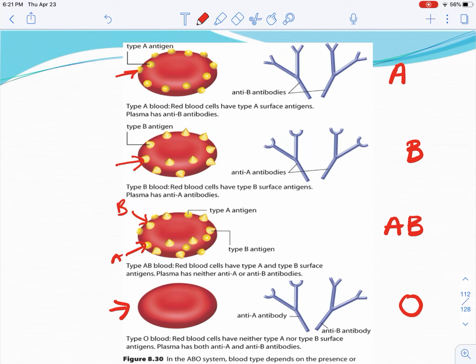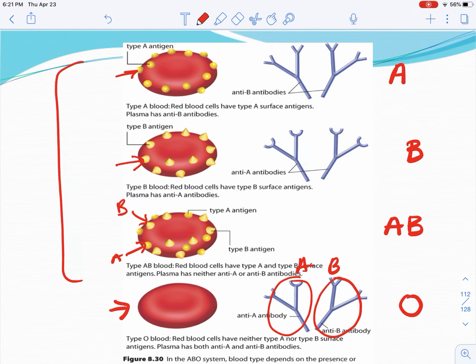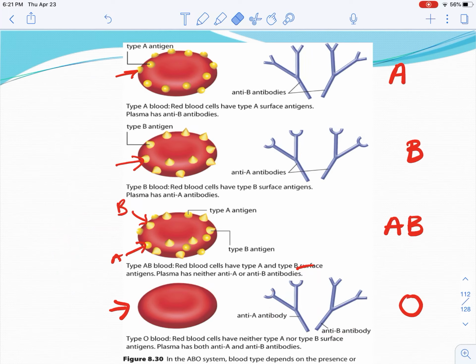When we look at these markers, if you, for example, have no markers because you're type O, all of these other blood types would be foreign to you, and you would make antibodies against A's and B's, the round ones and the B ones, because they would be foreign to you.